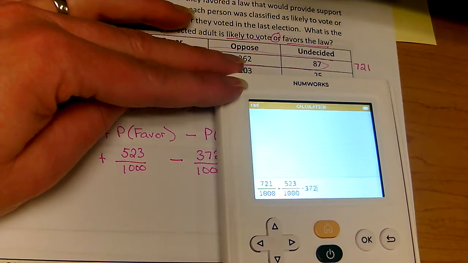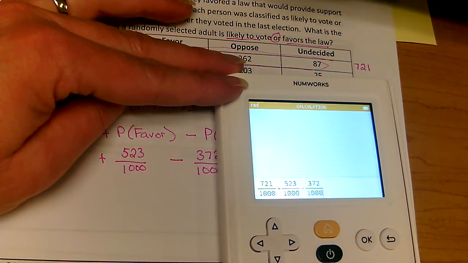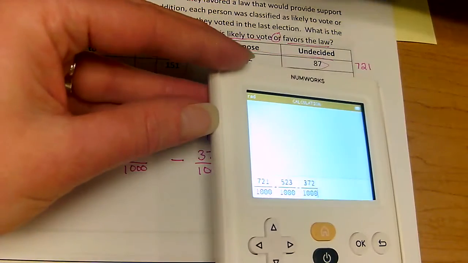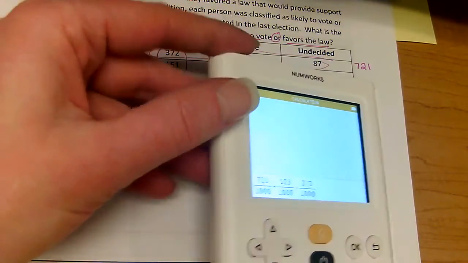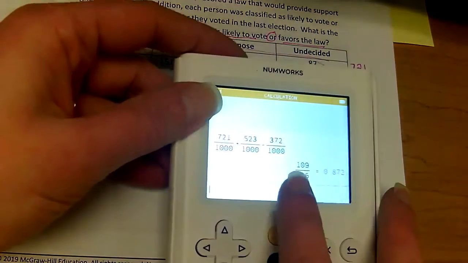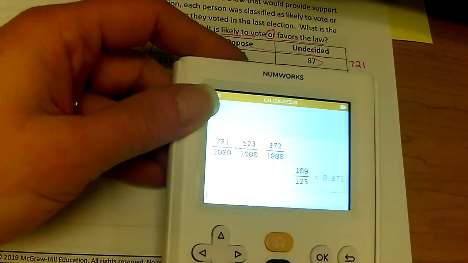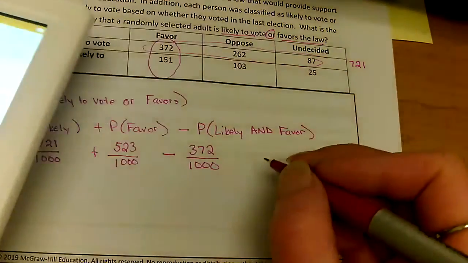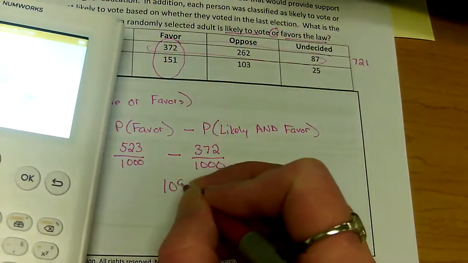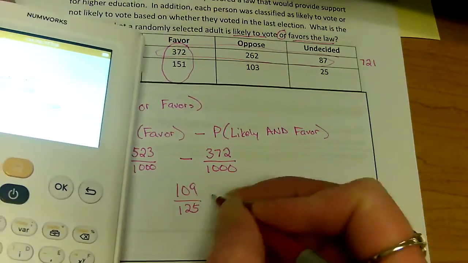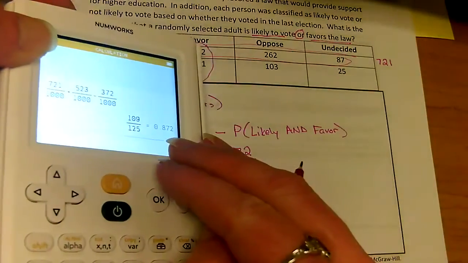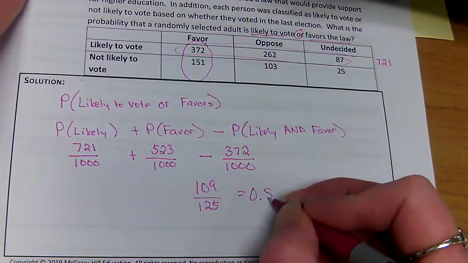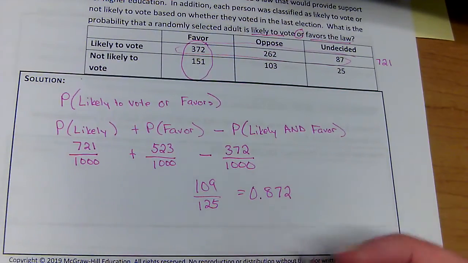You can do it on the TI too. But the nice thing about this app is when I get done with the fractions and press enter, it gives me the reduced fraction, which is pretty cool. And it also gives me the decimal. So that equals 109 out of 125. And it gives me the decimal also, which is 0.872. And that's our probability.